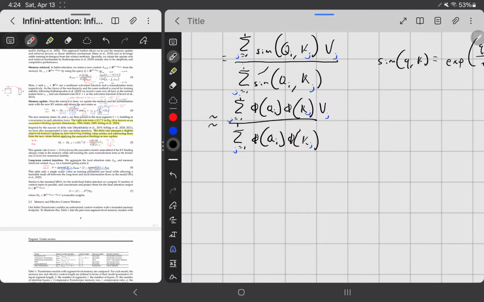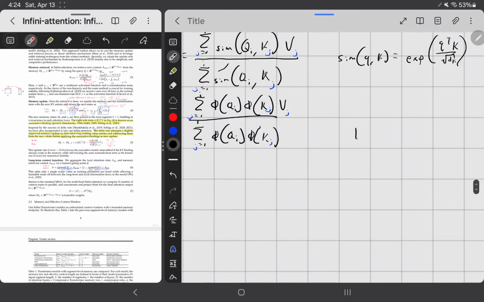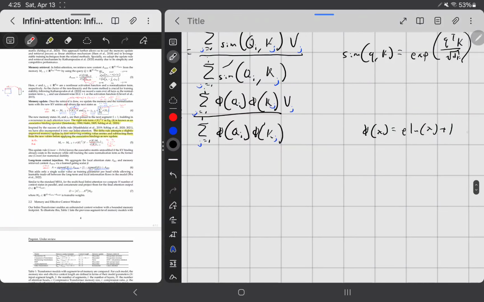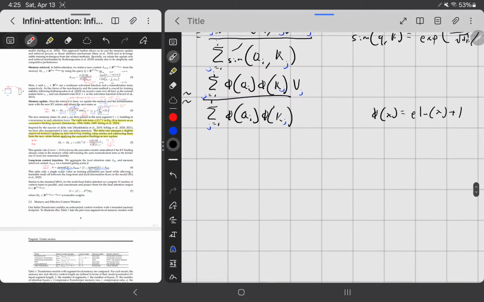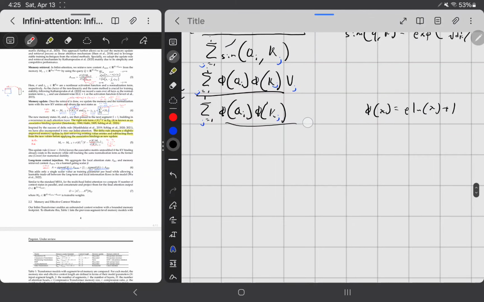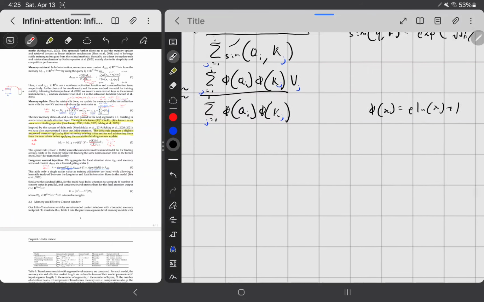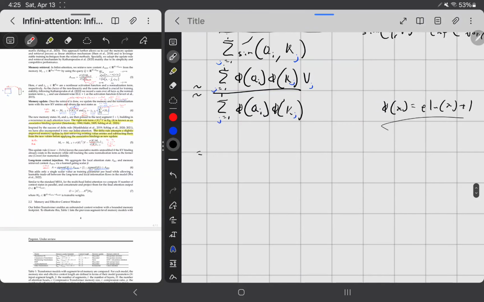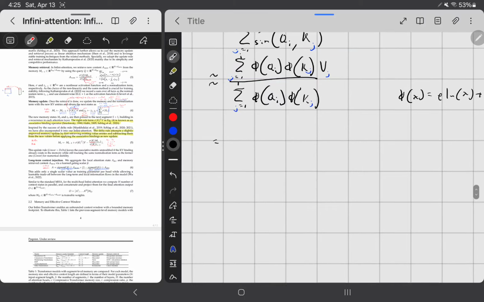And this is equivalent, assuming you have a similarity function that can be decomposed like this. Now, for phi, they use elu of x, so phi of x is equal to elu of x plus 1. It's a ReLU-looking function, some function that's nice, that you can multiply together and has a nice domain. They use elu plus 1 in this case, and in the paper they pulled this from, I think it was the RNN paper.